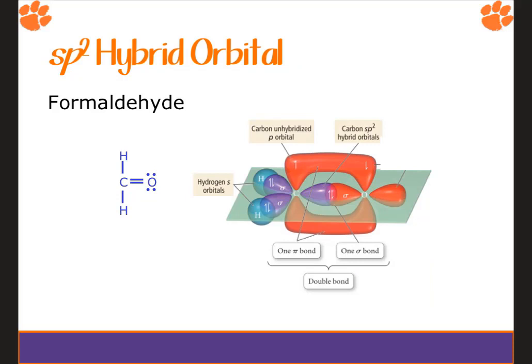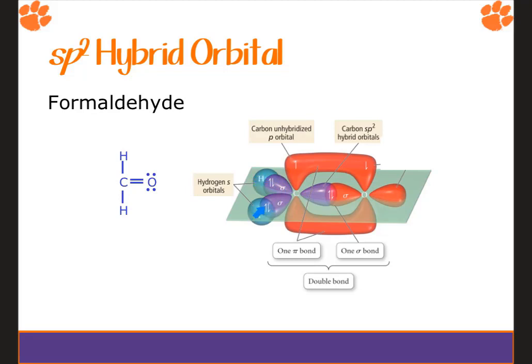If we want to look at this molecule in more detail, again, we can see our carbon here as our central atom. Again, we chose the sp2 hybrid orbitals because we have 3 areas of electron density around that carbon. So that's what's going to drive you to pick how many hybrid orbitals you need. So you've got an sp2 orbital bonding with the s orbital for hydrogen.